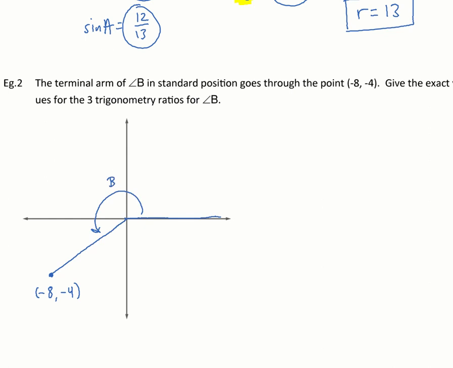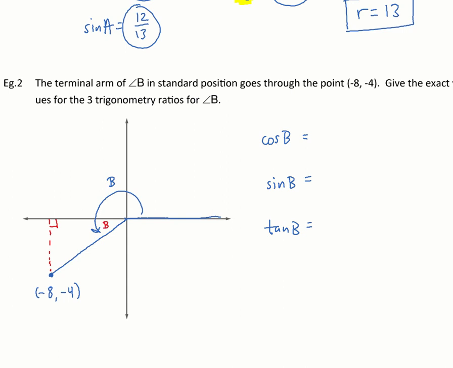Okay, we know we can still find what the sine of B, the cos of B, and the tan of B are. We can still find them, but first of all we have to draw on our reference triangle so we have some numbers to work with. Okay, so our reference triangle is right between the terminal arm and the x-axis.